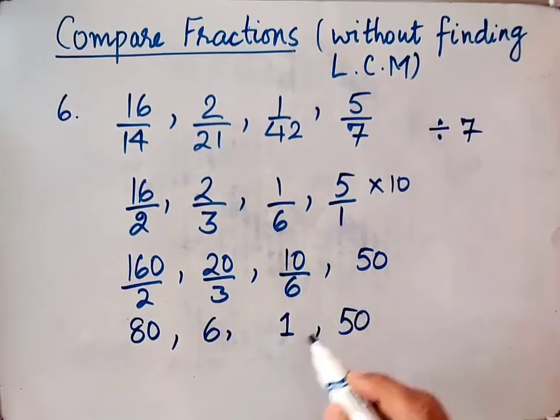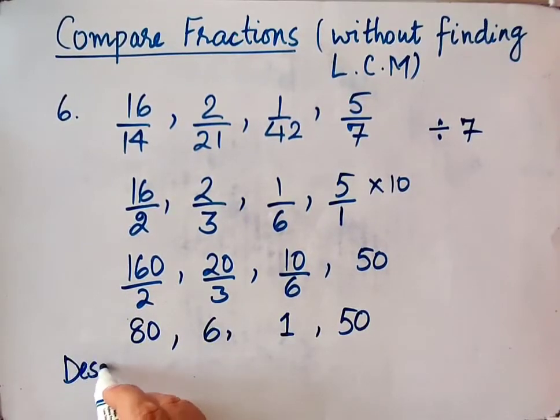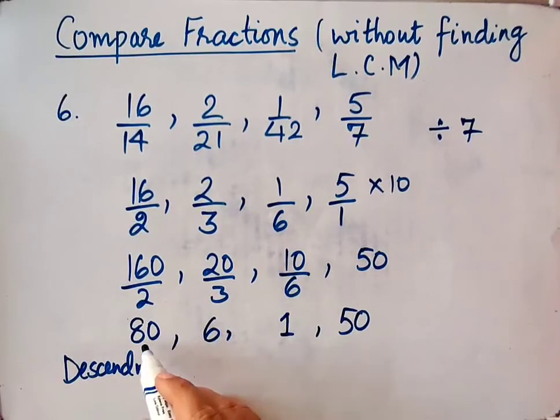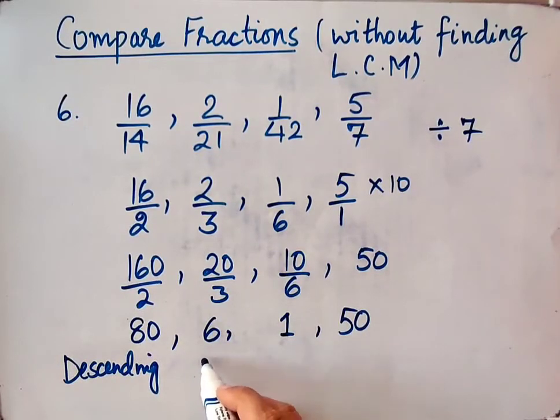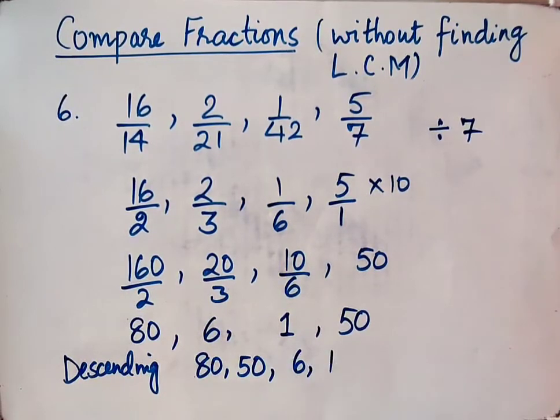Here it is 50. Now if I have to arrange them in descending order, it will be from the greatest to the smallest. That is 80, 50, 6, 1.